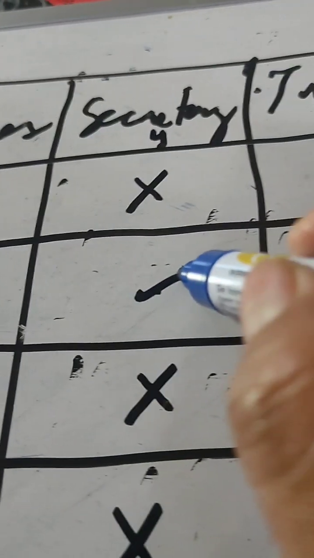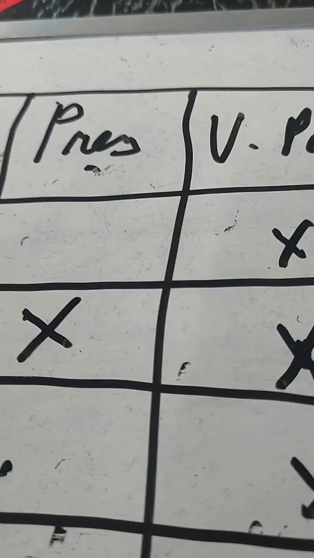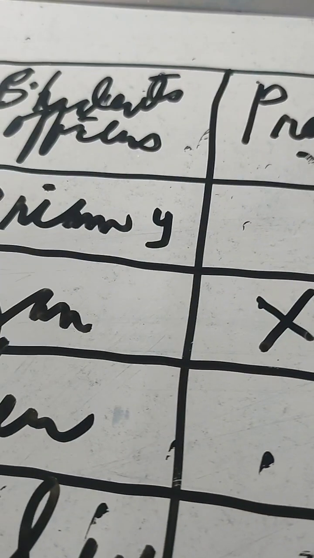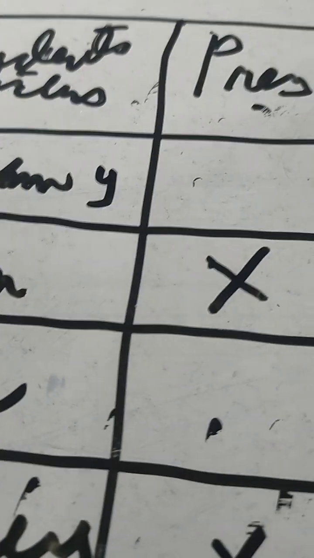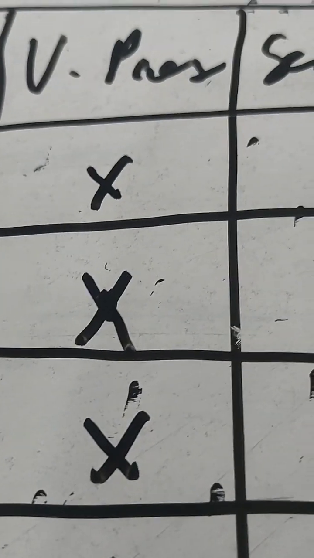Let's check this one, and close this cell here by marking X, which will help us so that no more officers occupy that position because it belongs to Ryan.